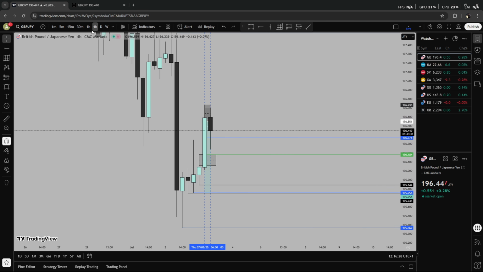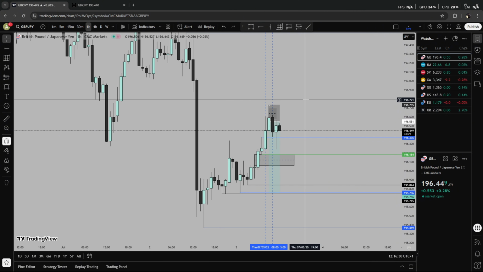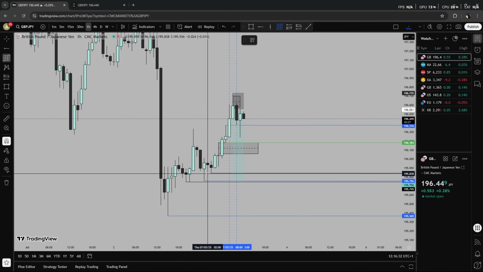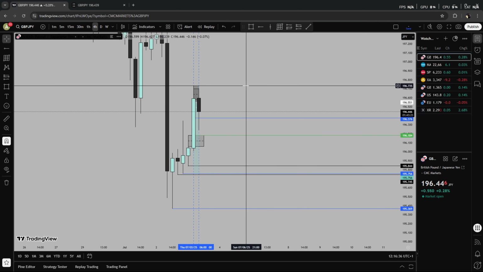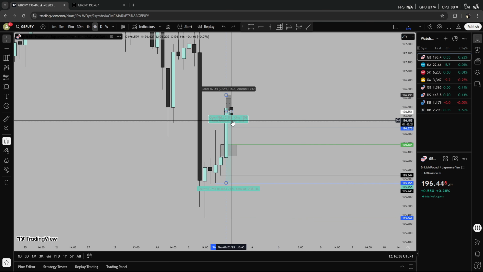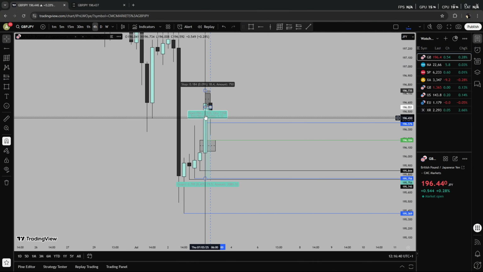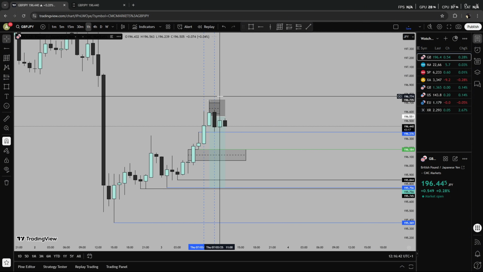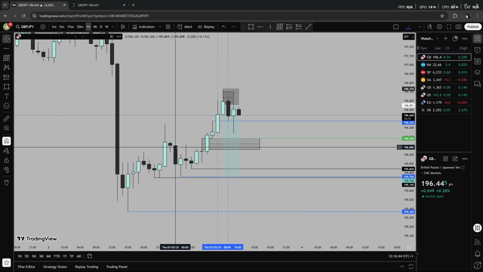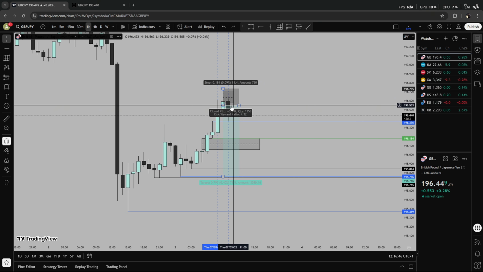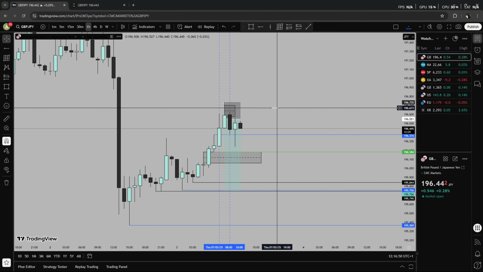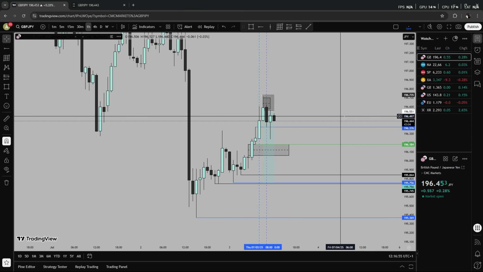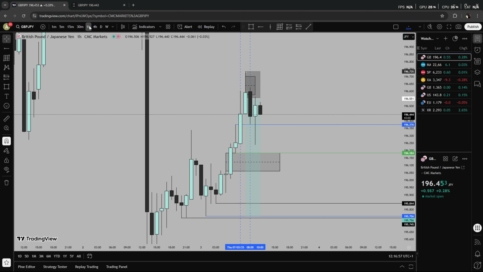Oh, my bad. It was meant to be like this. I don't think this candle was formed yet, so that's why it's a little bit higher. I think it was on equilibrium, but one of the candles wasn't formed yet, so it was on equilibrium, my first take profit.